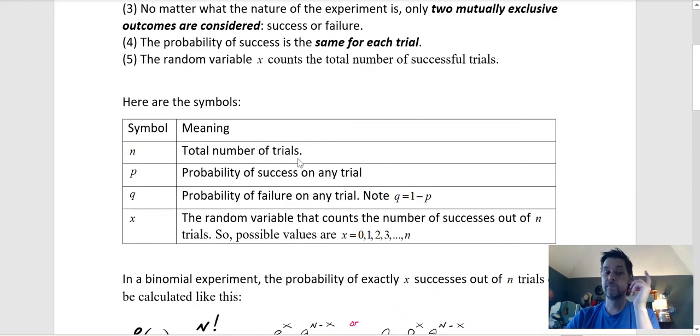Remember, n is our symbol for the total number of trials. p is the probability of success on any trial. q is the probability of failure on any trial, and q will be 1 minus p every single time. And x is the random variable that counts the number of successes.